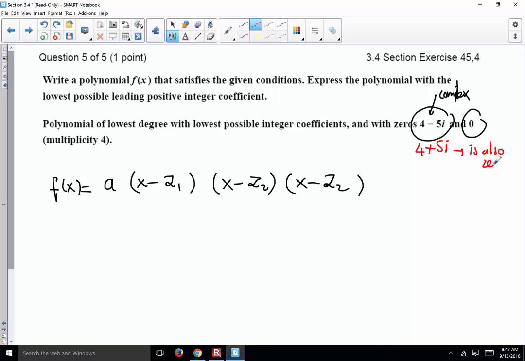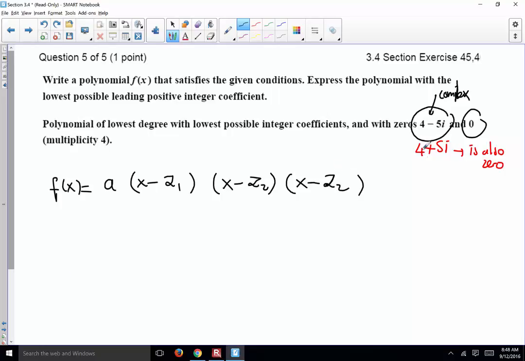This is just a fact. Once a complex number is a 0, its conjugate should also be 0, because otherwise, think like this. There are some i's here and there are no i's on the other root. If you multiply them, the result will have i's left out. No polynomial can have i in its expression.